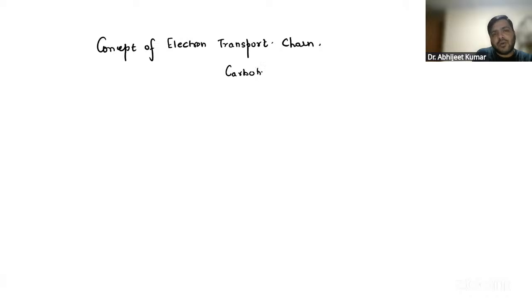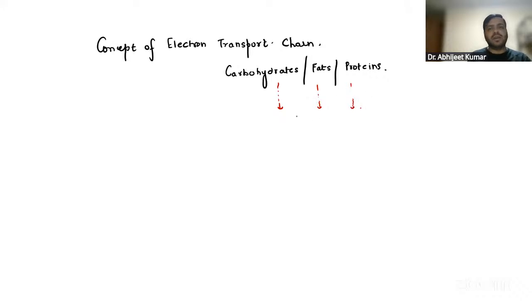We have the carbohydrates, we have the fats, and we have the proteins. All three of these macromolecules will be forming acetyl coenzyme A, right? Now this acetyl coenzyme A goes through various metabolic reactions, okay?